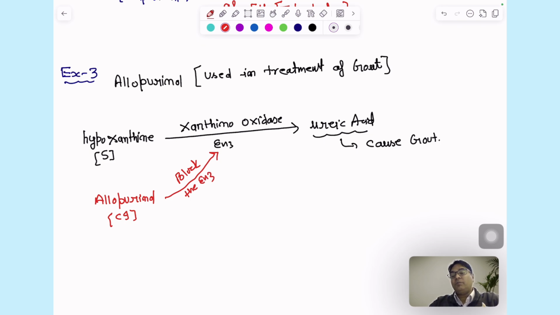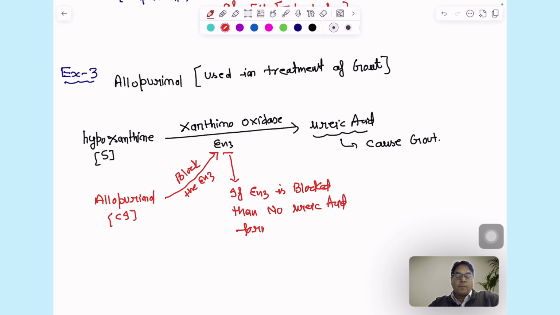If this enzyme is blocked, then there will be no uric acid formation or synthesis. Now, if there is no uric acid synthesis or formation, then we can prevent gout. The gout can be prevented.